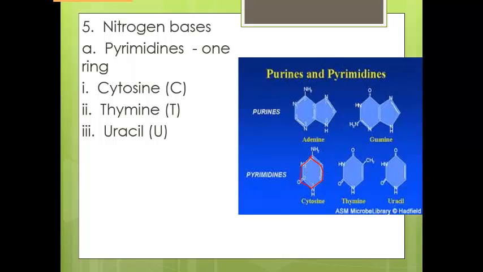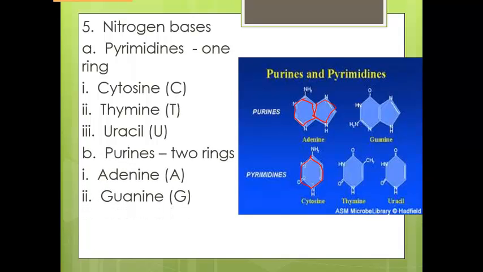Notice that they're smaller. The purines, which we're going to look at next, are 2 rings, and so they have one bonded to the other. Size-wise, they're about double the size. And there's only 2 examples of purines, which are the 2-ringed nitrogen bases. And we have adenine and guanine.